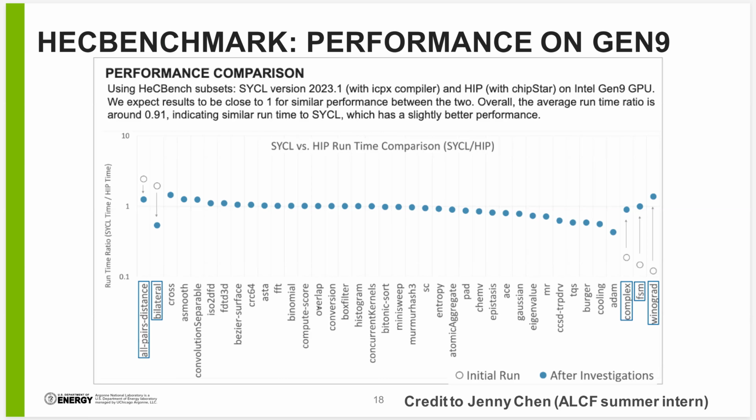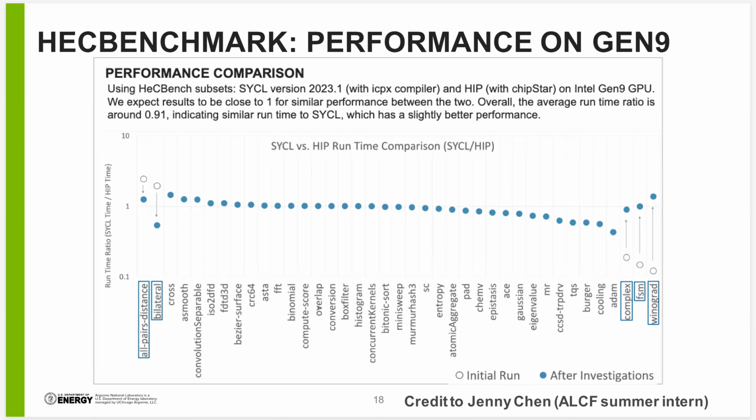So Jenny worked on our Gen 9 GPUs, which are still available on JLSE. And she used the subset of HeCBench benchmarks that were precise on timing and included verification in order to compare the performance between the two.